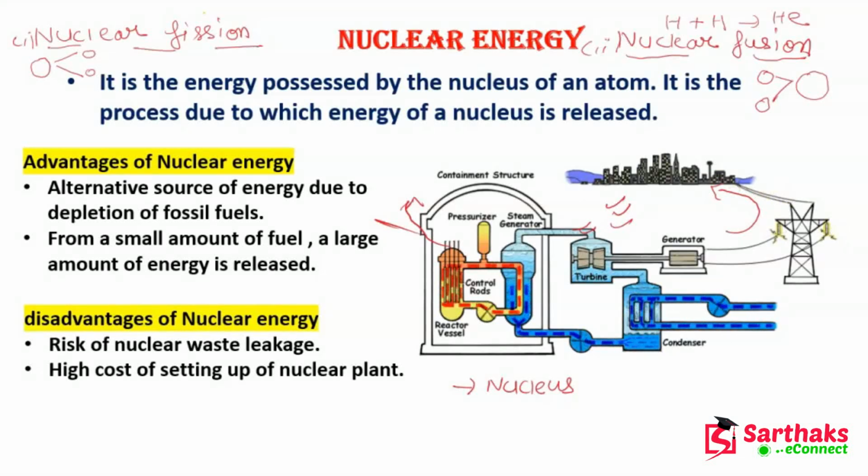So again this water heats and is converted into steam, and again this steam makes the turbine rotate. After rotating the turbine, this steam again comes into the condenser, and the condenser condenses this steam and converts it into liquid, and this liquid is sent to this part where heat is released, and this process goes on.